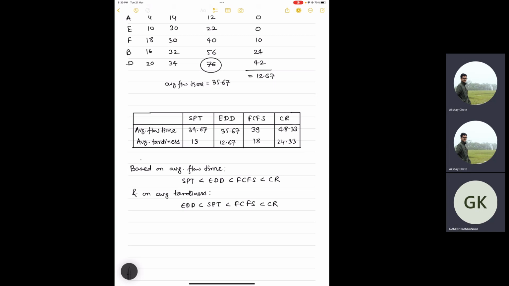Yes, sir, scheduling a perfect sequence. So why can't we go for mass production in this way? Because in mass production we go for line balancing, right?